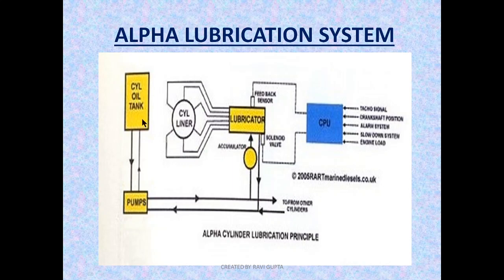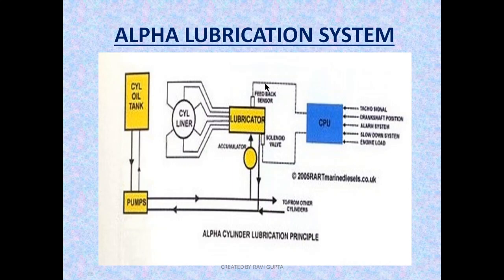The oil from the cylinder oil tank is pressurized to around 45 bar, and it is fed through an accumulator to the alpha lubricator unit. Now basically the alpha lubricator unit consists of two electronic components.